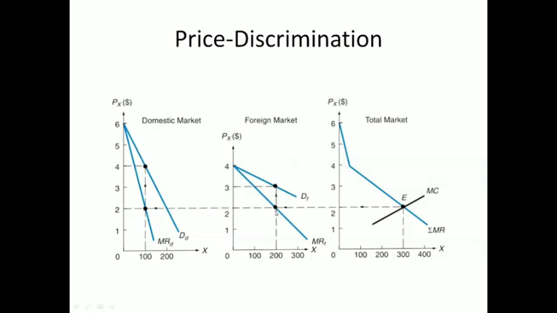Here the most important thing is the marginal cost curve given for this producer, because this producer is common for the domestic and the foreign market. So that is why the marginal cost would remain the same in both cases. Now this marginal cost curve intersects the marginal revenue curve at the point where the price and output are determined; the price is higher and the output is less. Whereas for the foreign market, the output is 200 and the price is now less.